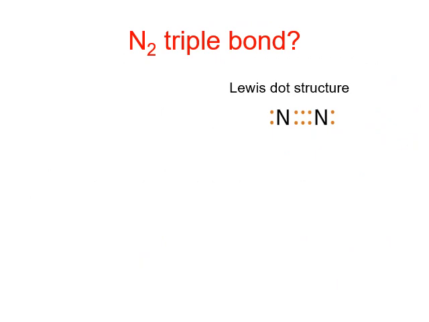The Lewis dot structure indicates that there are 3 nitrogen-nitrogen bonds, or a triple bond. Sometimes we draw it like this. So there's a triple bond in the nitrogen molecule. How does the nitrogen molecule look in molecular orbital theory? First step, we choose the correct energy diagram.